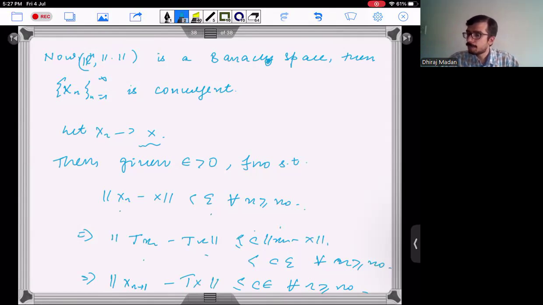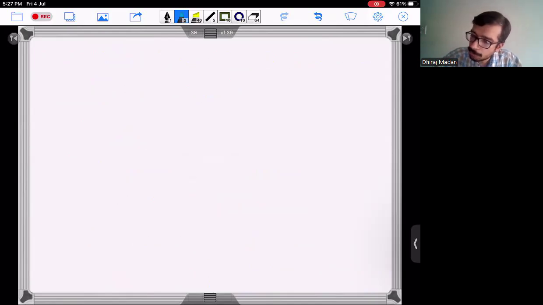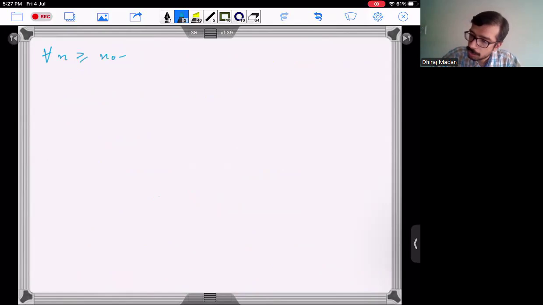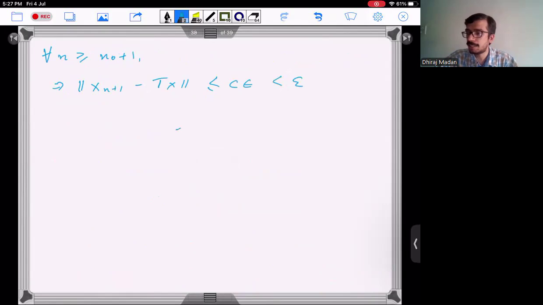So whatever epsilon I pick, for all n greater than or equal to n naught plus 1, the norm of x_{n+1} minus Tx is less than or equal to c epsilon, which is also less than epsilon because c is less than 1.